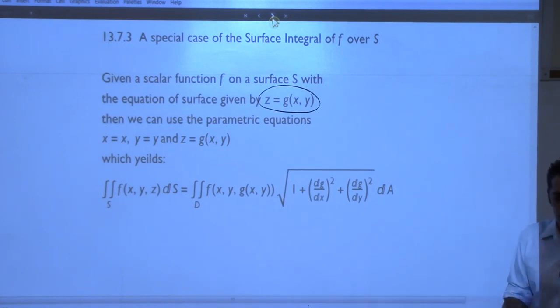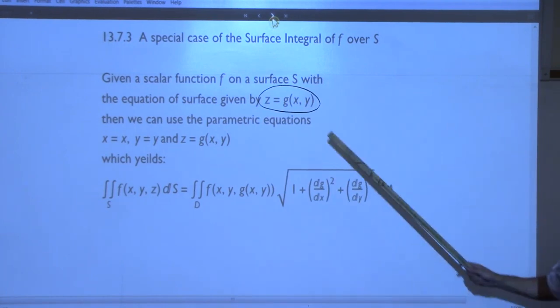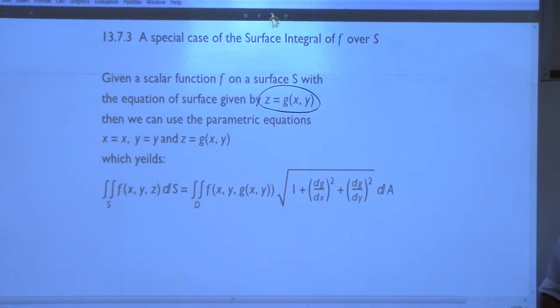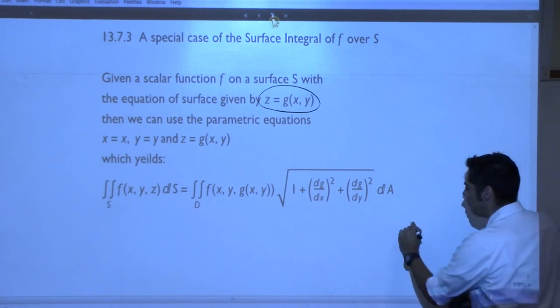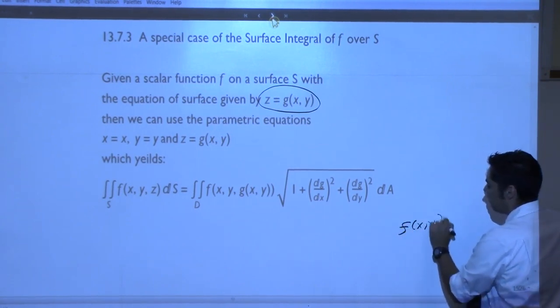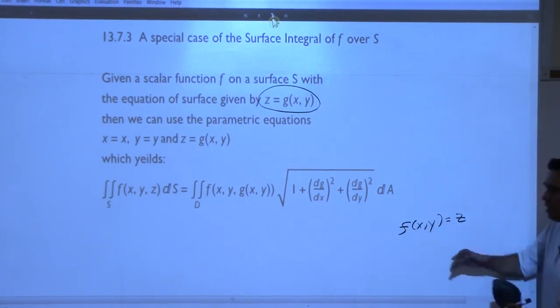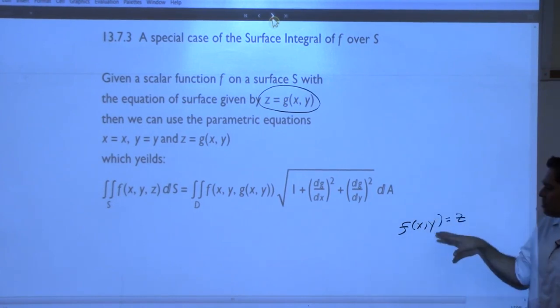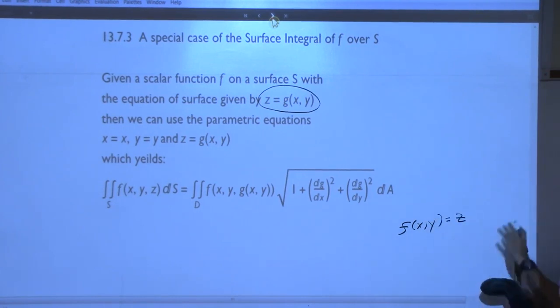In other words, you can write it as a function of two variables. When we first started chapter 11, I believe, we were looking at functions of several variables. And we said if you have a function f of x, y equals z, then that draws a surface, right? And the domain was the ground. If our surface can be drawn like that, then the formula we have for surface integrals becomes a lot easier to do.